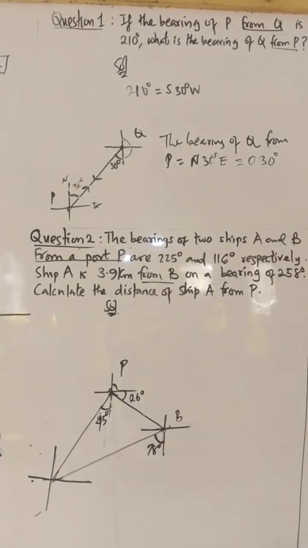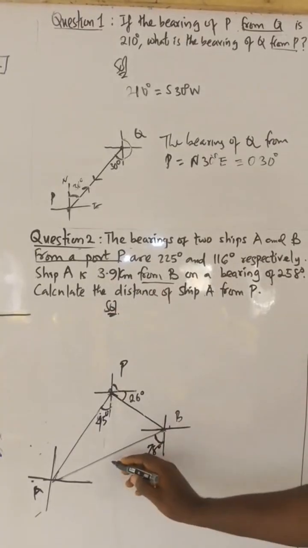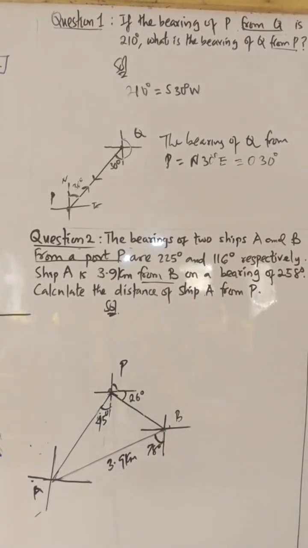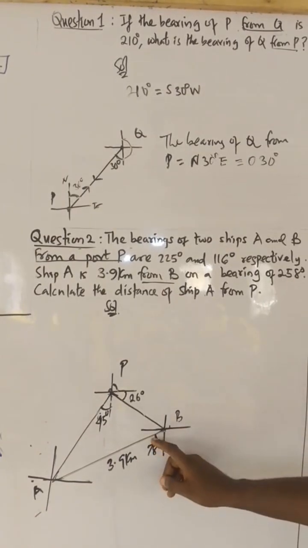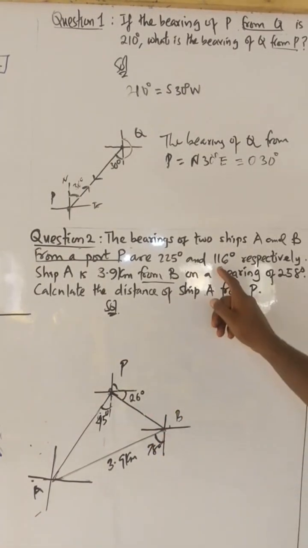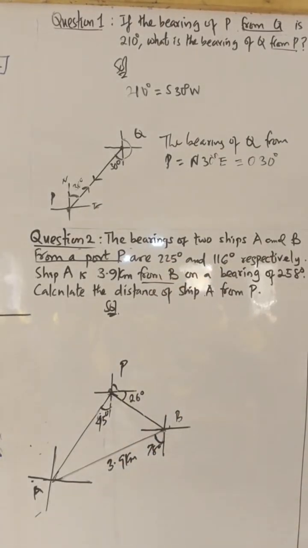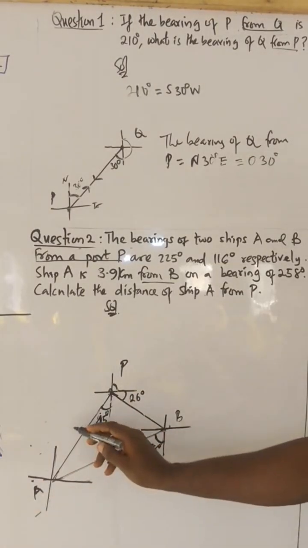So we are told that A is 3.9 kilometers from B on the bearing of 258. And from this 258 is how we got this 78. This 26 is just from 116. This 45 is from this 225. So what's the question? Calculate the distance of ship A from P. A from P. We are looking for this. Let's call it AP.